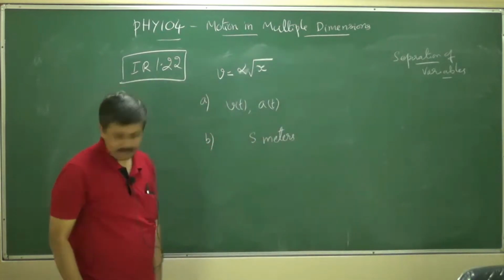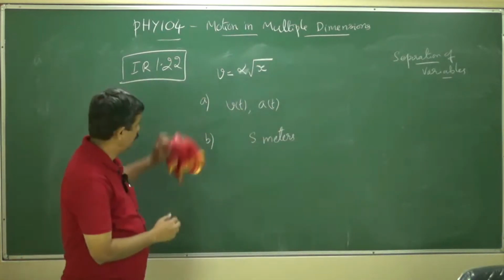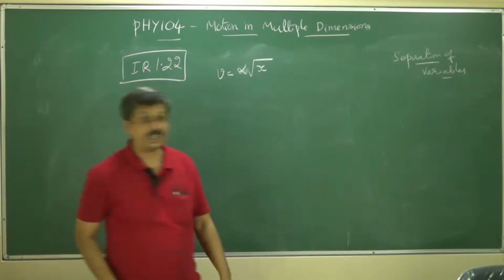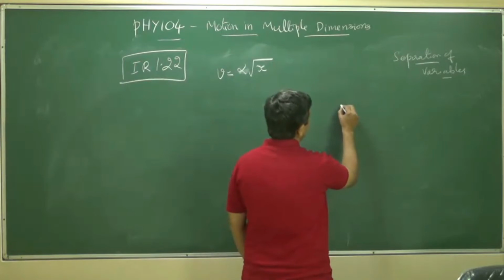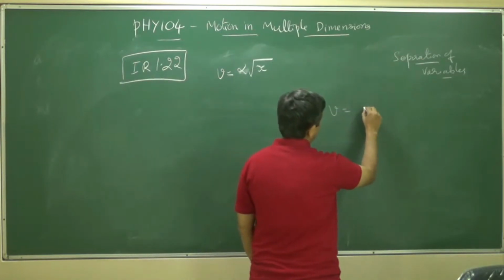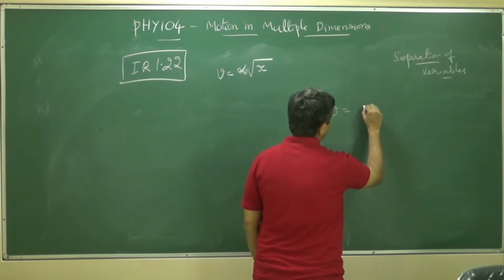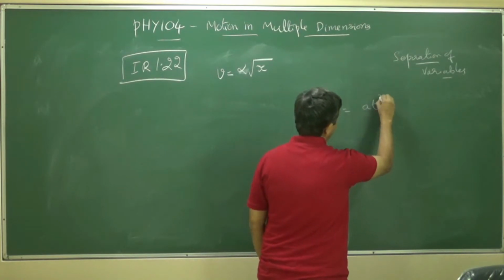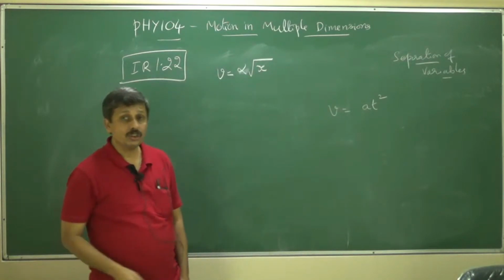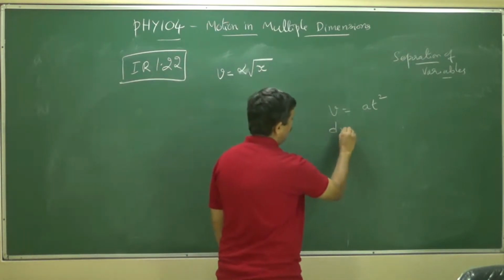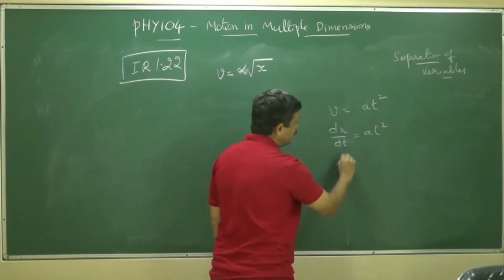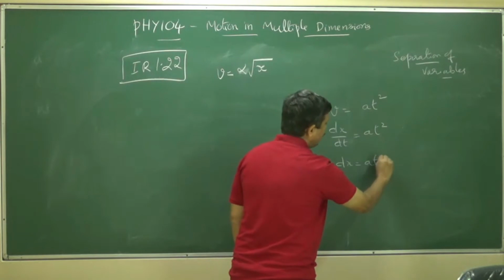So what is the meaning of separation of variables? In our earlier scenario, we were given, let us say, v is equal to something into, let us say, at square. We used to write dx by dt is equal to at square, and we will say dx is equal to at square into dt.